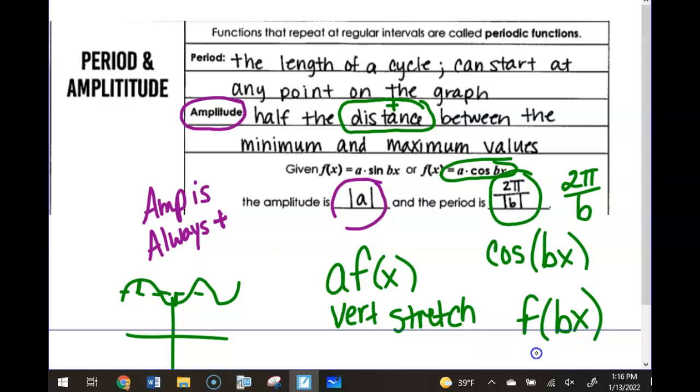It would shrink it by 1 over b or stretch it by the reciprocal. If it was a 1/2, it would stretch it by 2. So this is what it does when you have a cosine or sine function. The normal period is 2 pi, and you will divide by b. I'm not worried about the absolute value because I'm never going to give you one with a negative b value. Deal?